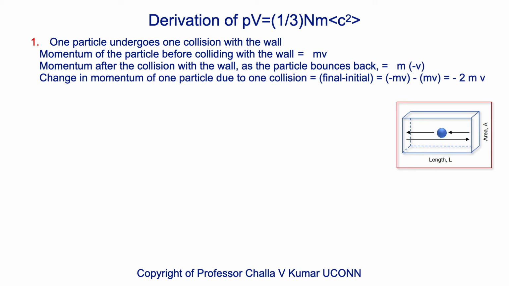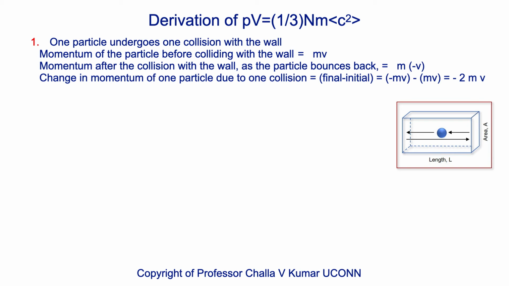Now let's keep this discussion going. We have a box of length L, cross-section area A, and our particle is bouncing back and forth within it. The length of the box along the x-axis is L. When it travels to the right, it hits the right wall and bounces back, travels the entire length of the box, and then collides with the wall on the left side, bounces back, travels to the right, and so on.